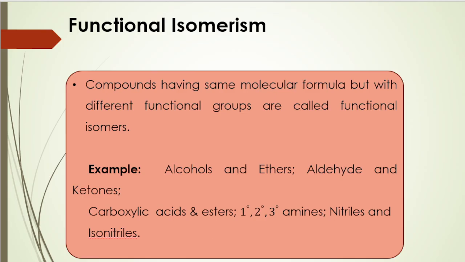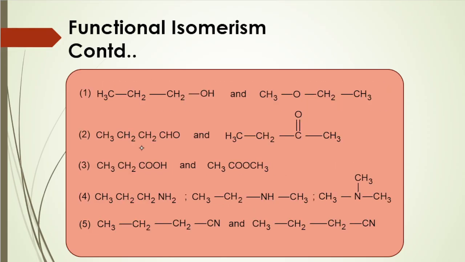What are all these pairs of compounds? For example, if we consider the first example, CH3CH2CH2OH, it is having the formula C3H8O, and if we consider this particular compound, it is also having C3H8O molecular formula. In the first structure, OH is the functional group.